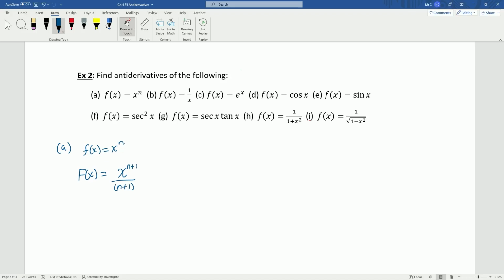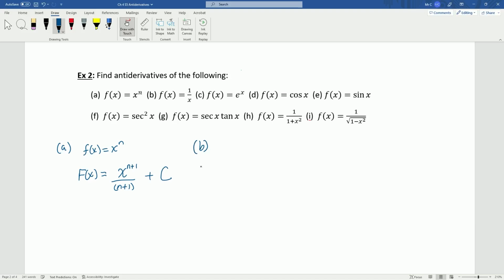For the derivative of the power rule, you multiply by the old power and subtract 1 from the power. Here, you do it in reverse. You add 1 and divide by the new power. That should be exactly what you'd expect. Now you can always check this by taking the derivative. If I take the derivative, I get n plus 1 times x to the n over n plus 1. Those cancel, and you just get x to the n back.